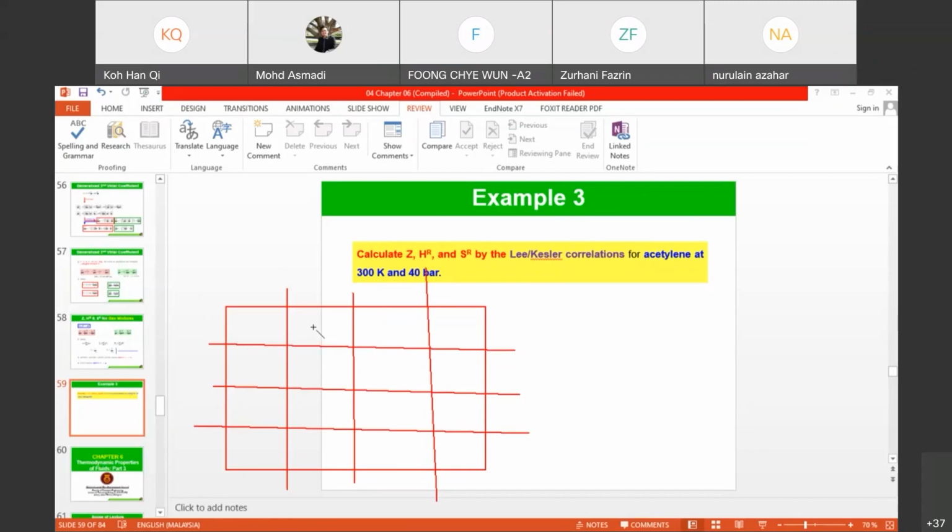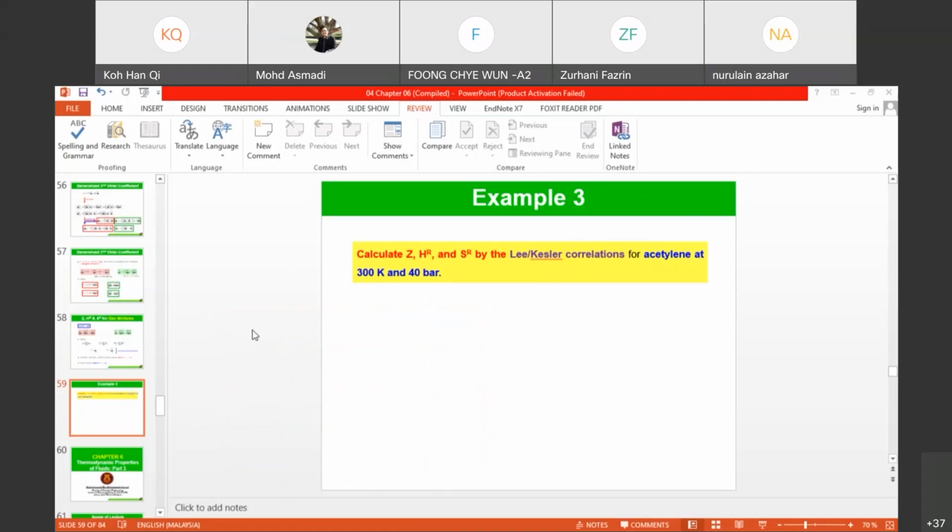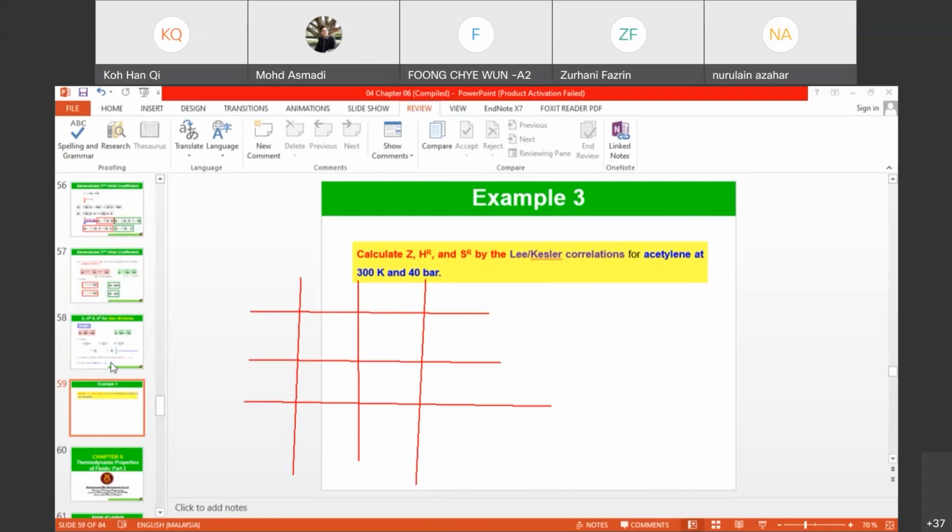This one is x1. If you refer to Appendix F or Appendix G, this one x2, this one is y1, y2. This one m is something that you want to determine.